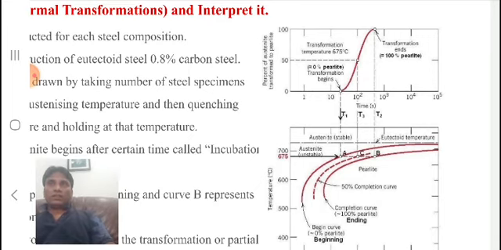So at a temperature of 723 degrees centigrade we get pearlite.